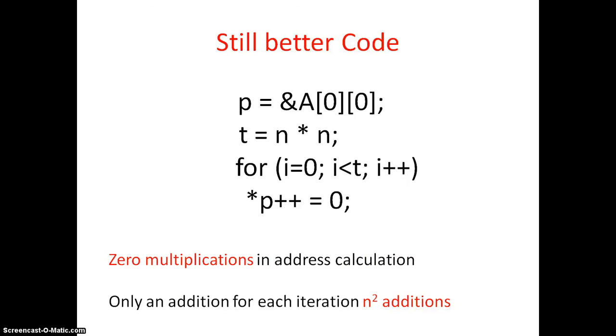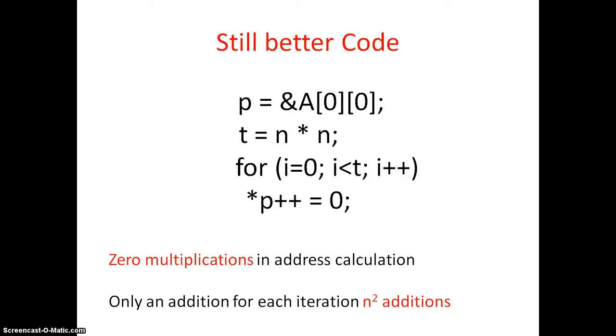Then, still better code is possible, where you can go for a single dimensional array which is pointed to using a pointer p holding the base address of the array A. The number of elements, n into n, is calculated and stored in a temporary variable, and now the for loop, which is controlled by the variable i, is run from 0 to n into n minus 1 using the temporary variable t, and *p will point to A[i][j]. The ++ is pointer arithmetic, and it will locate the next element of the array.